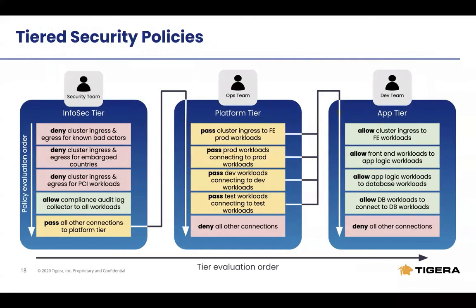One way to address this is what we call tiered security policies, where we provide a mechanism for network admins, security admins, or even just platform admins to define higher precedence policies that apply to all the namespaces and all the pods, or selectively to some pods and namespaces. An example would be if you have a certain level of requirements that need to be met from a compliance or auditing perspective.